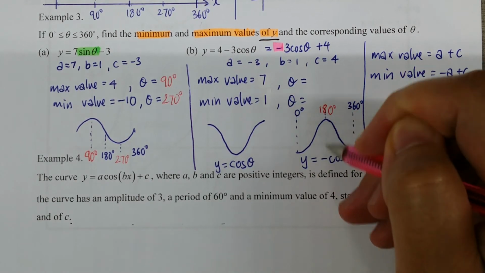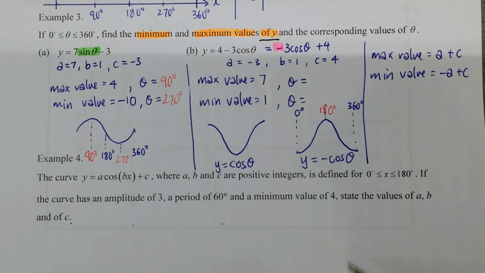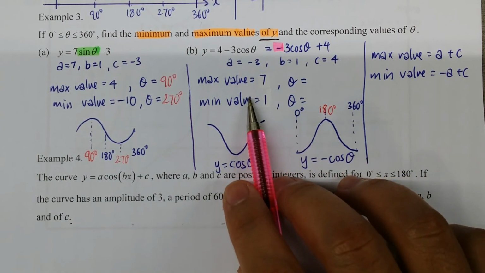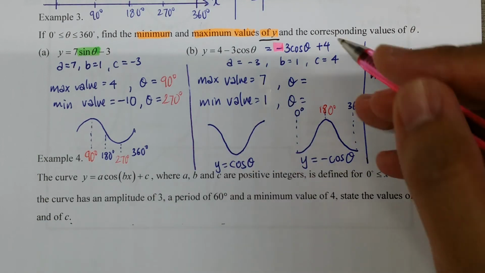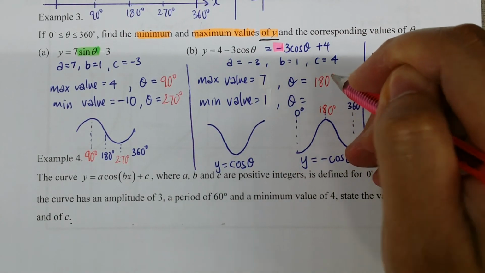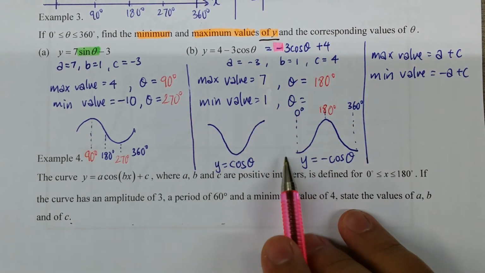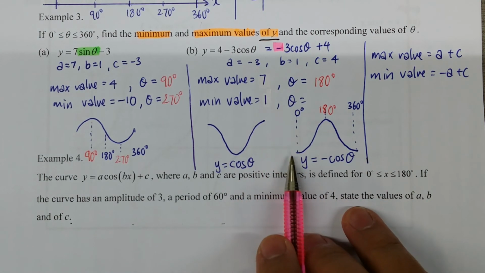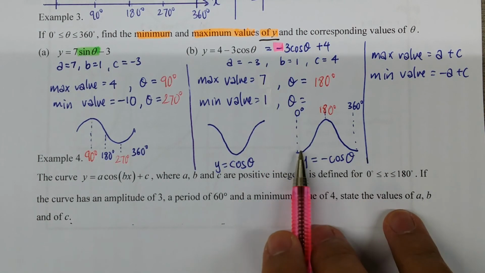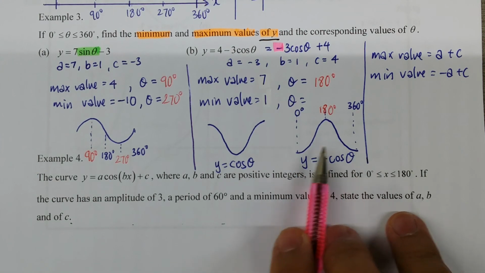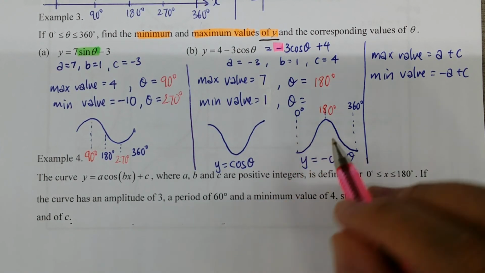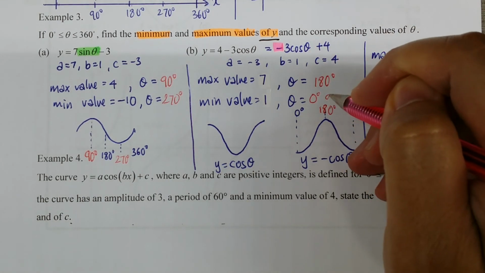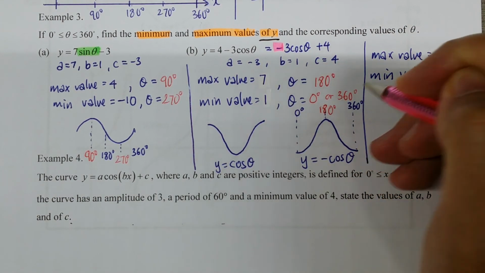So roughly I have the answer already. Maximum value is 7 when theta is 180 degrees. Minimum value is 1 when theta is, there are two answers, because cosine is lowest at these two points: 0 degrees or 360 degrees.